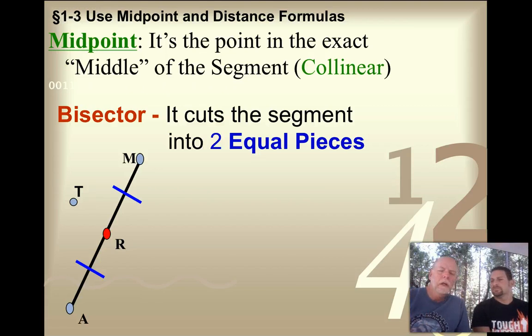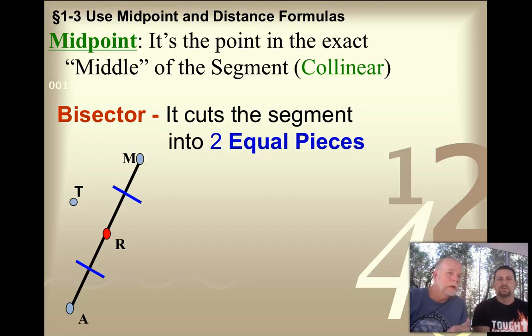A segment, ray, or line that cuts a segment exactly in half, two equal pieces. A bisector is something else that cuts it, and a midpoint is the middle point. A bisector, guys, is the thing cutting it in two.